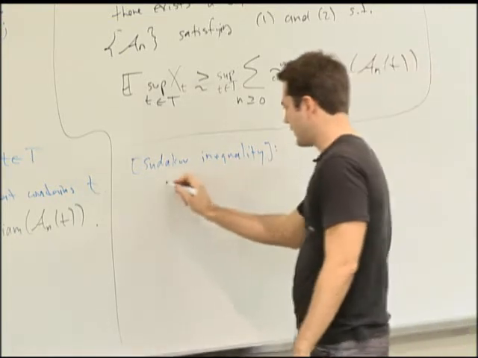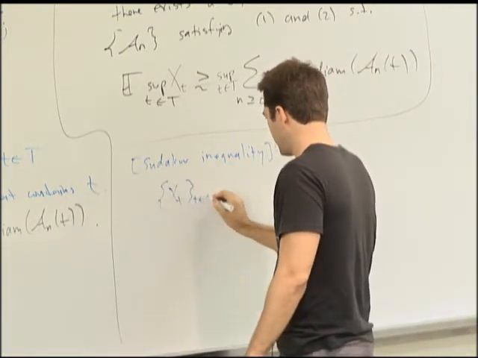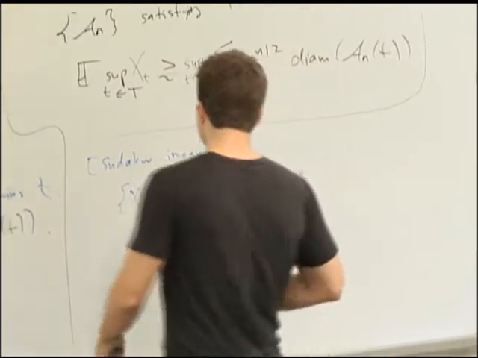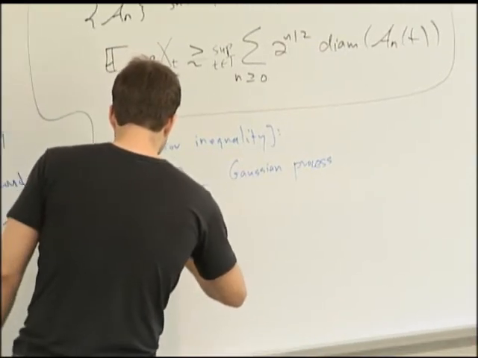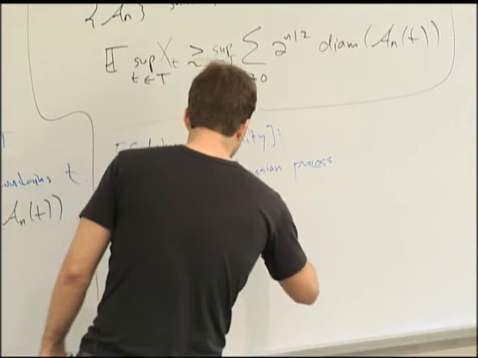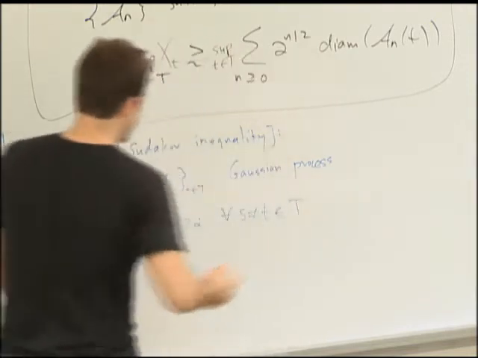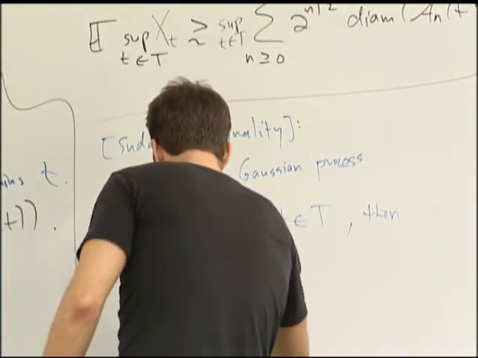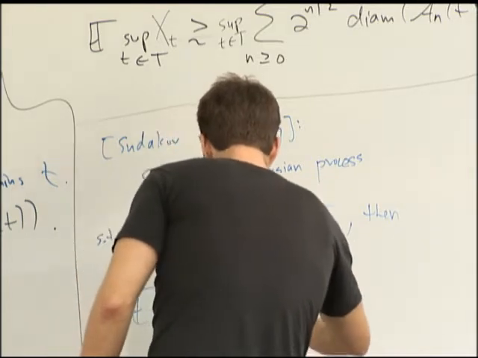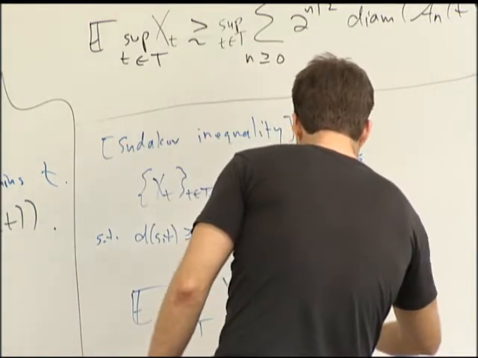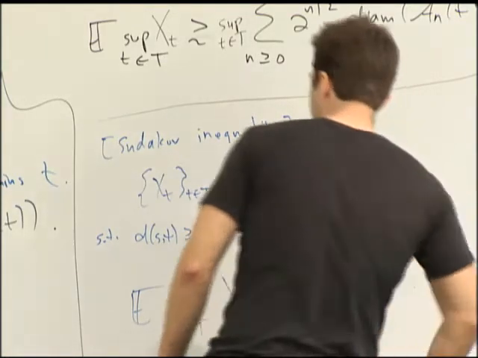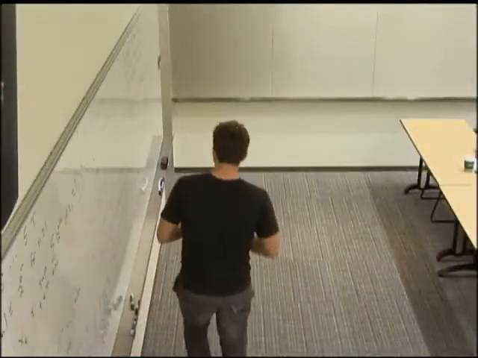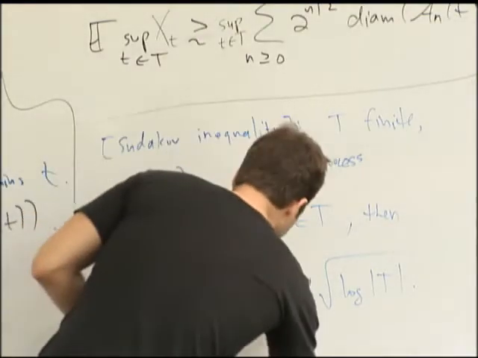Let's take a Gaussian process, and let's suppose we have some uniform lower bound on all the distances, such that the distance d(s,t) is at least alpha for all distinct pairs in T. Then we'd like to prove this lower bound: that the expected supremum is at least alpha square root log the size of T, up to a constant, since we're going to lose a constant.